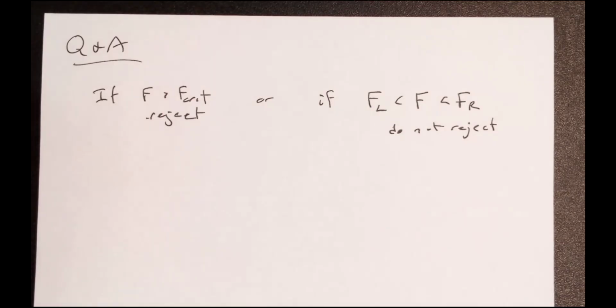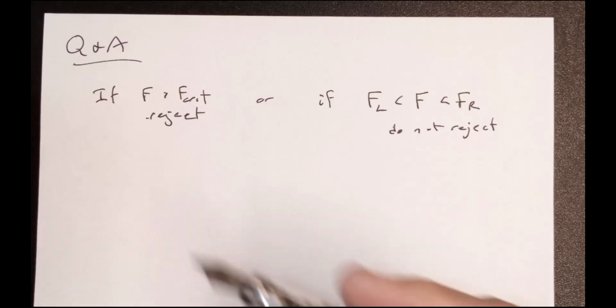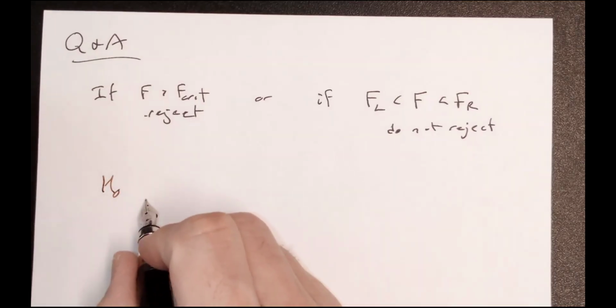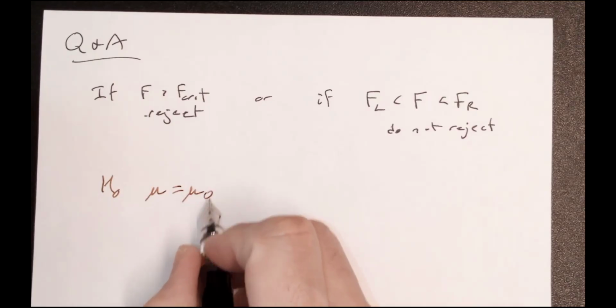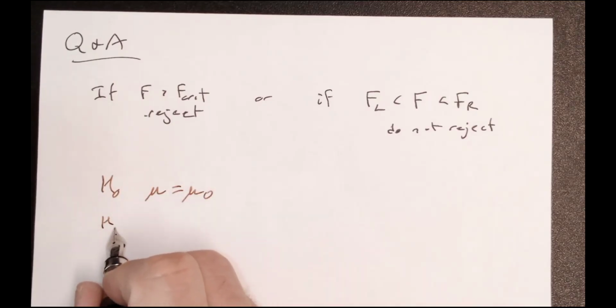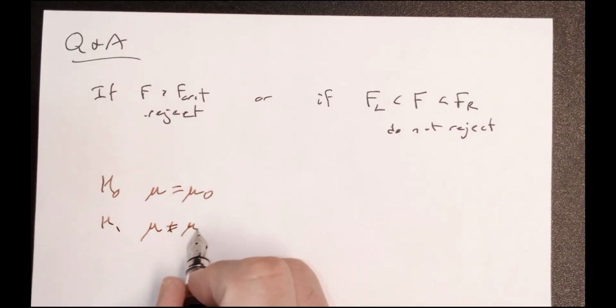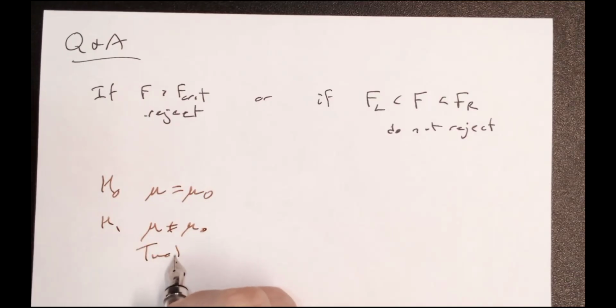But you should write down things like, for this type of test, I want to make this my null hypothesis, and I want to make this my alternate hypothesis. As long as it isn't a particular example, write it in variable terms. H null, mu equals mu zero, H1, mu not equal to mu zero is a two-tailed test.